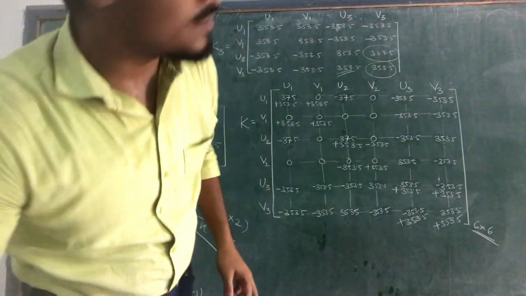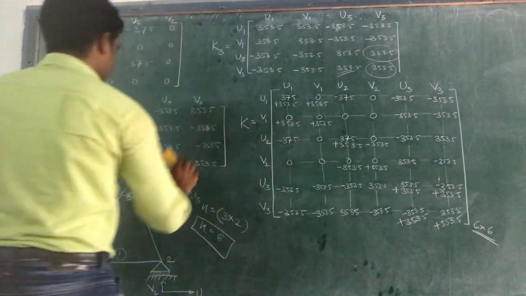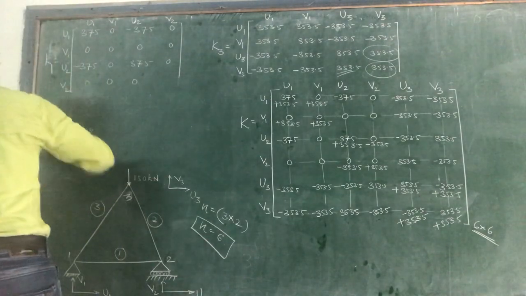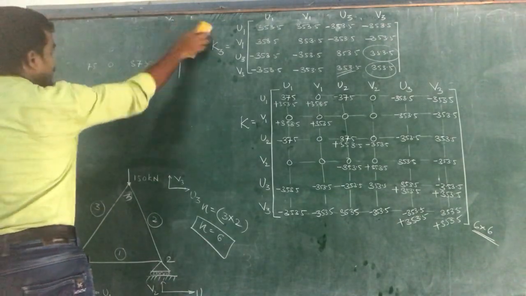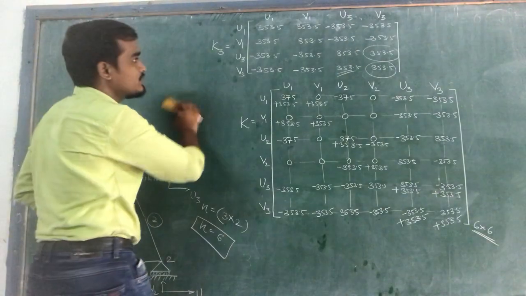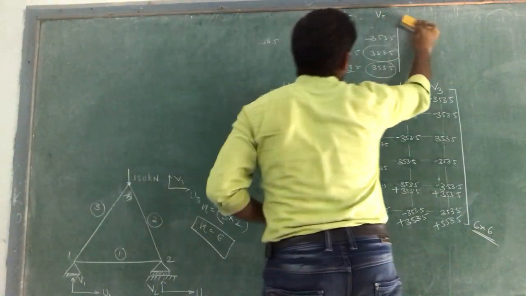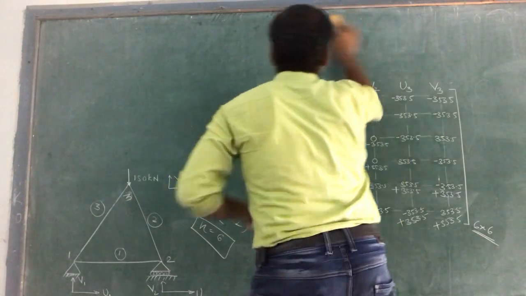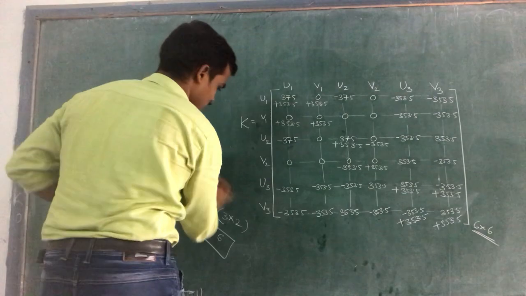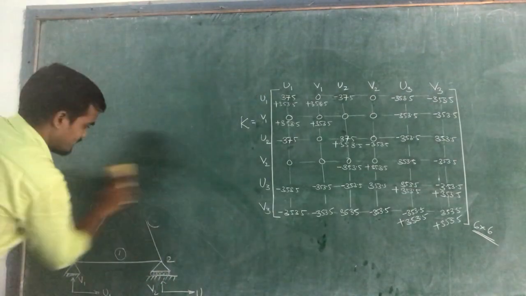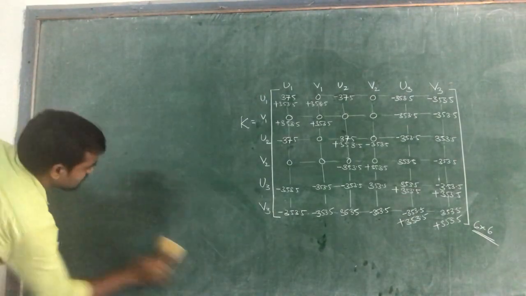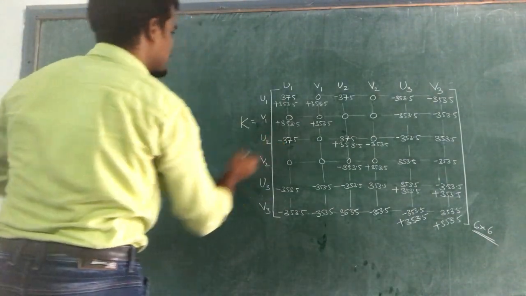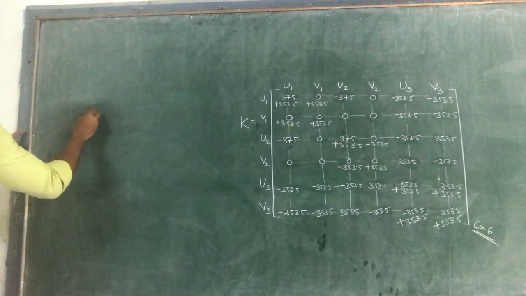Okay, so now just do the simplifications you will get, finally, the global stiffness matrix. So this is a 6 by 6 matrix. So we need to write down this K matrix here.